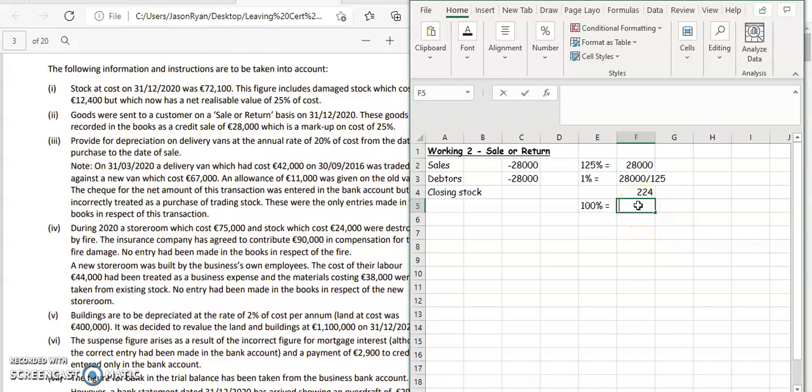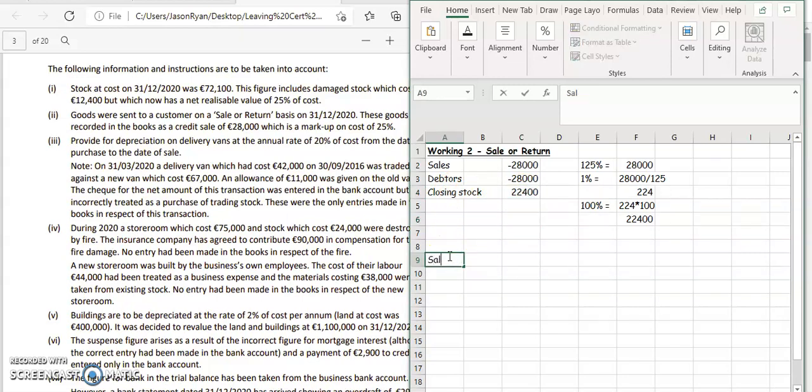So 100% then is 224 multiplied by 100. So your cost is 22,400. That's how much the closing stock cost us. So we need to increase our closing stock by 22,400.